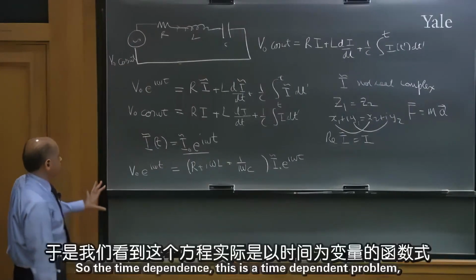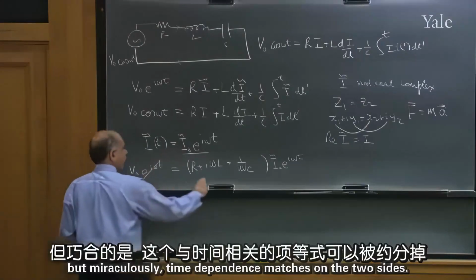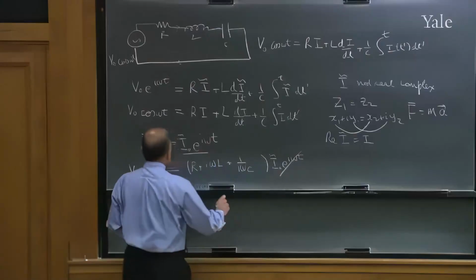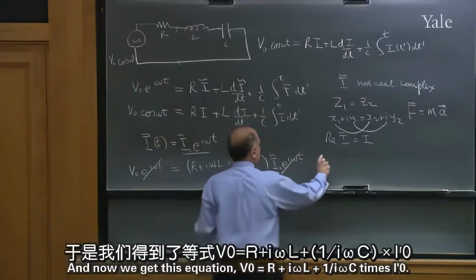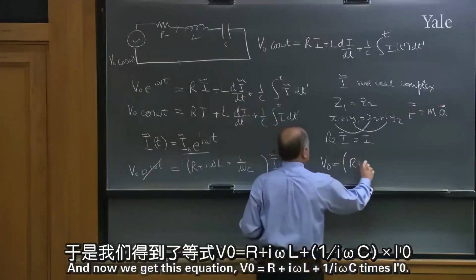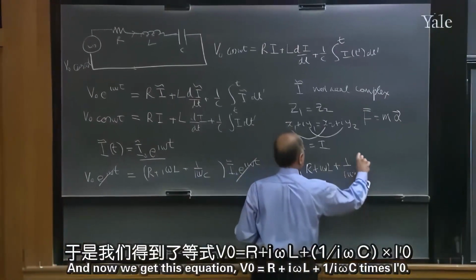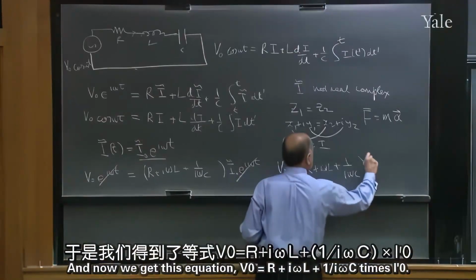So the time dependence, this is a time-dependent problem, but miraculously, the time dependence matches on the two sides. And now we get this equation: v0 equals r plus I omega L plus 1 over I omega c times I0 twiddle.